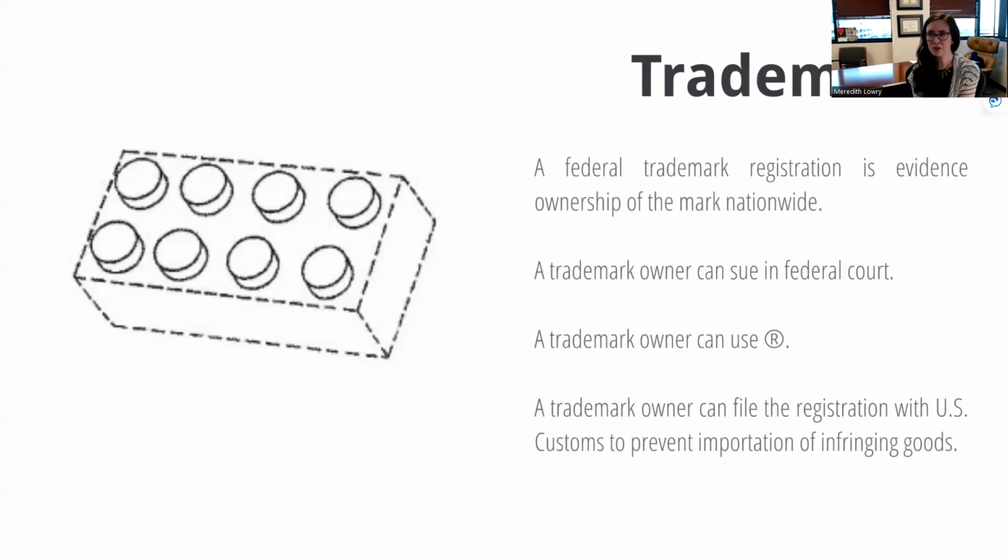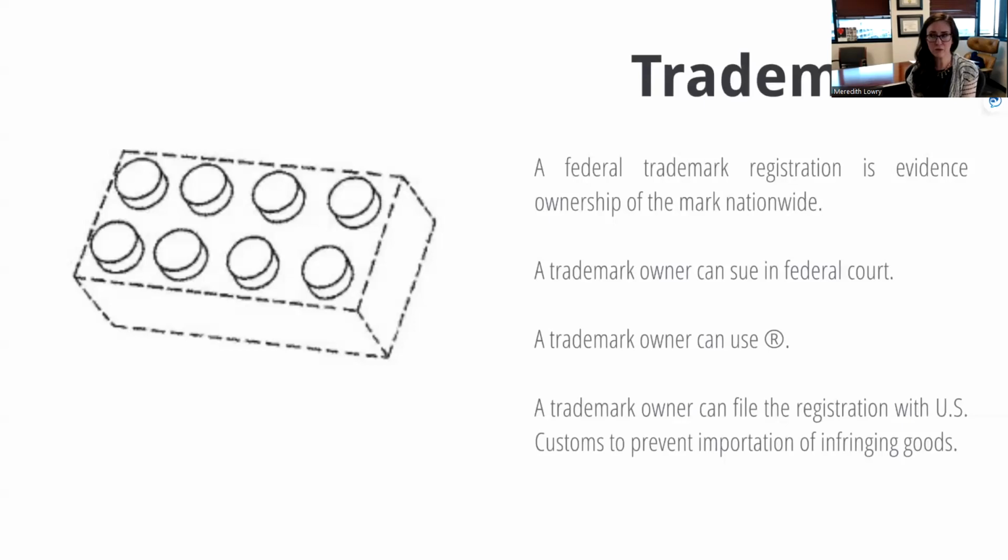The other huge benefit, especially if you've got products coming into the country and you're marking them overseas, you can file an additional filing with customs after you've got your registration, and it almost always goes through within days, and you can stop importation coming into the country that's using your trademark.